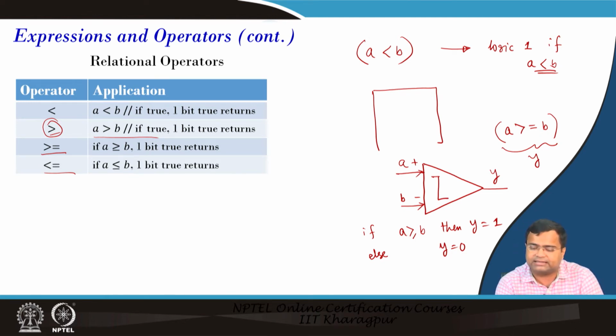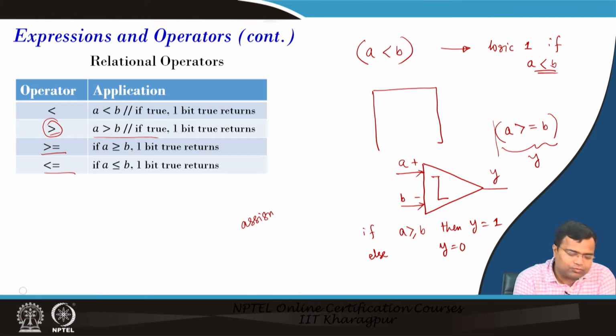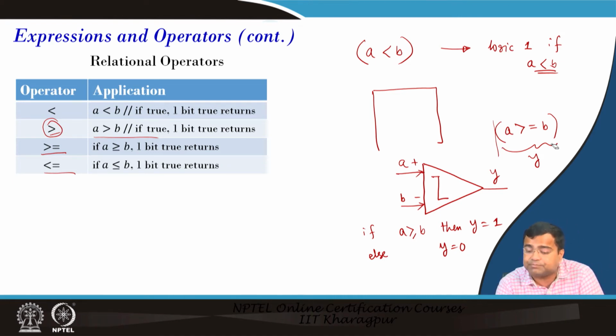So if you assign y equal to this, it is possible, but this whole thing represents y. That means y equal to 1 when a is greater than equal to b, or else y equal to 0, and this will behave like a comparator. These are comparator kinds of operation, and this can be realized through relational operators.